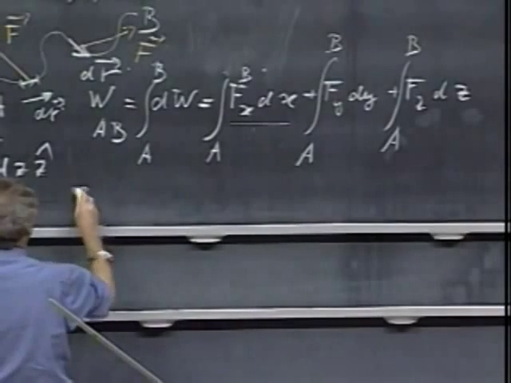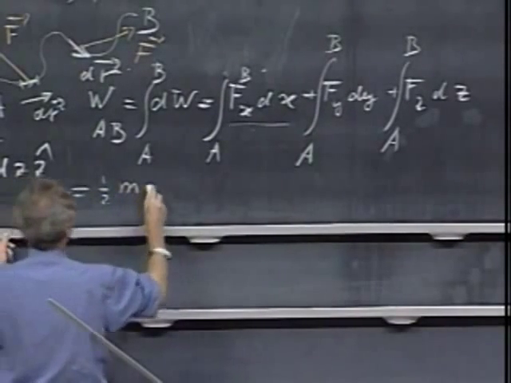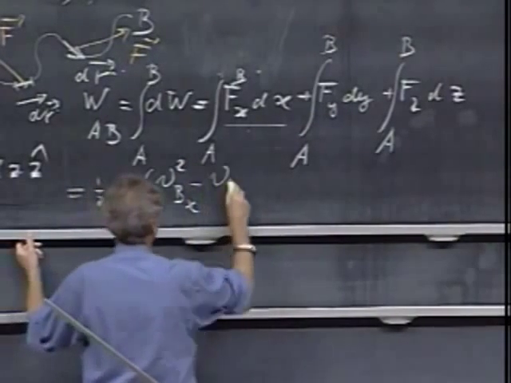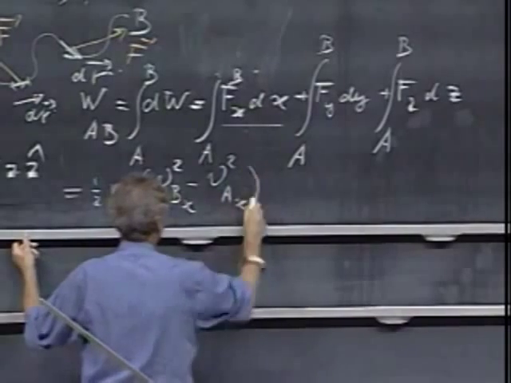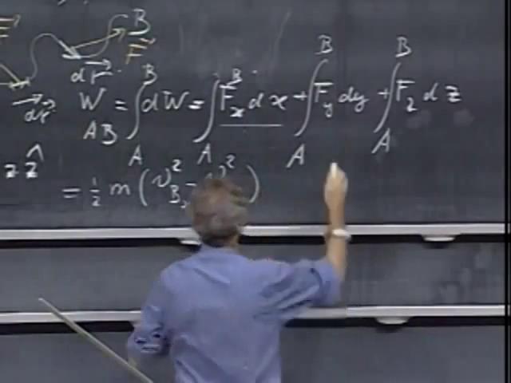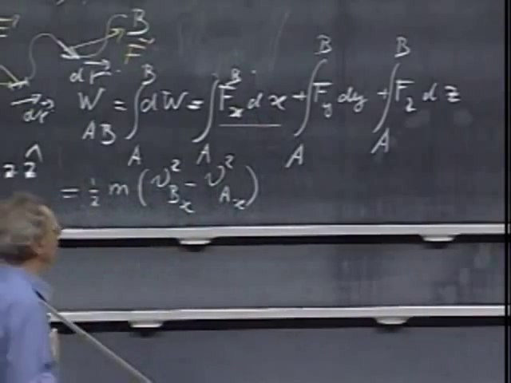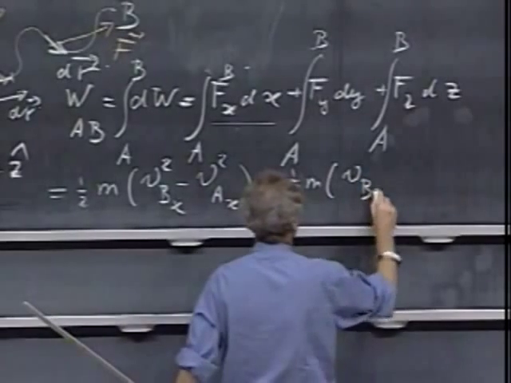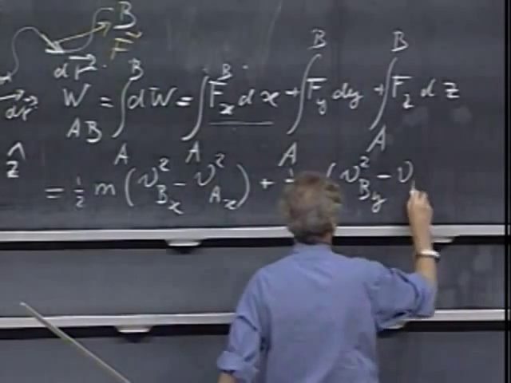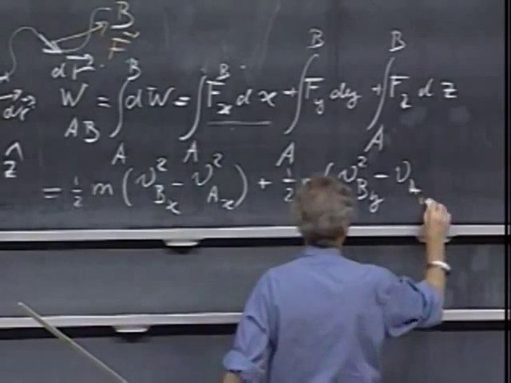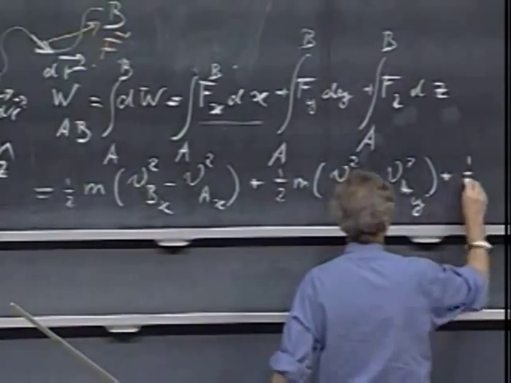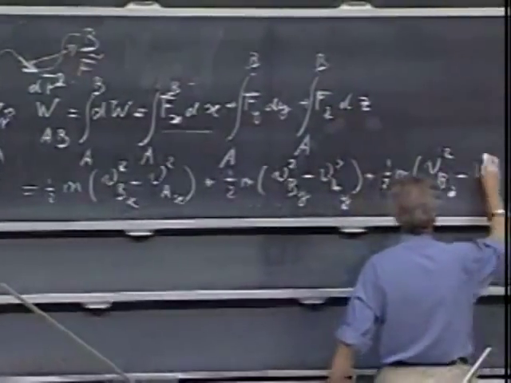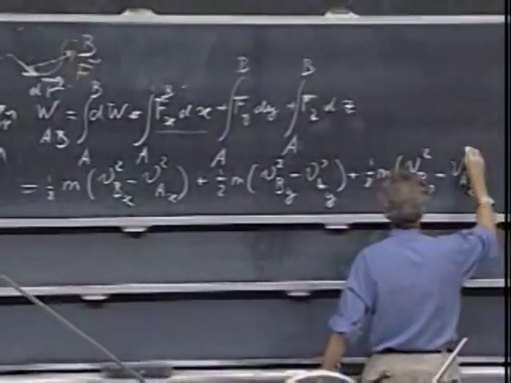So we have 1/2 m vb squared, and this is the x component, minus va squared, and that is the x component. This is also a one-dimensional problem now, except that now I deal with the y component of the velocity. So I get 1/2 m times vby squared minus vay squared, plus 1/2 m vbz squared minus vaz squared.